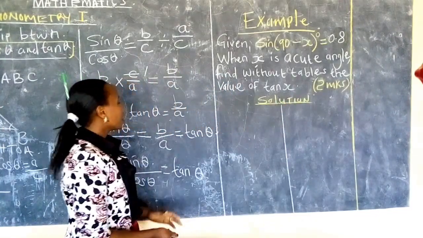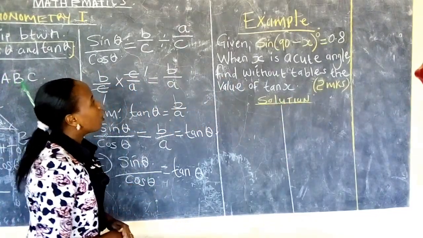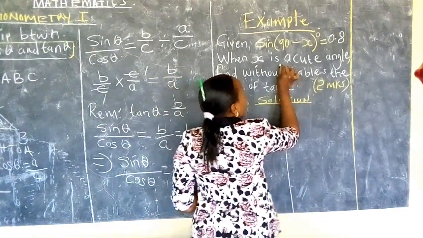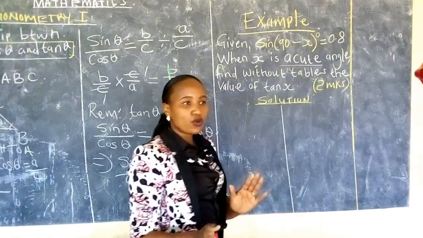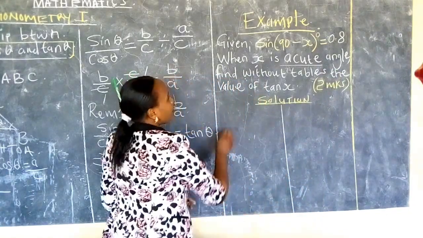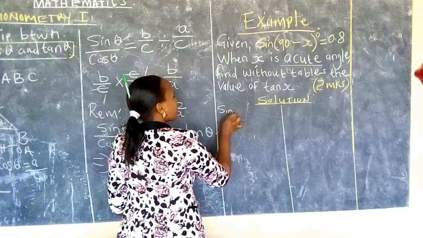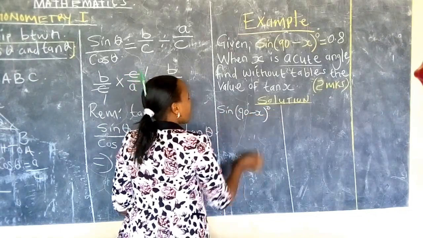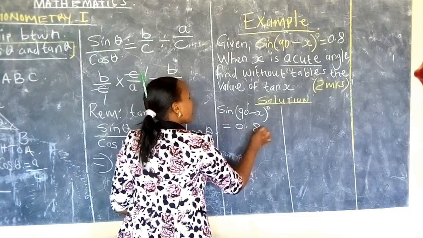Now, this is what we are going to use, or actually, the right-angled triangle. Acute angle means what? An acute angle is an angle that is between 0 and 90. So now we are told that sine of 90 minus x degrees is equivalent to 0.8.